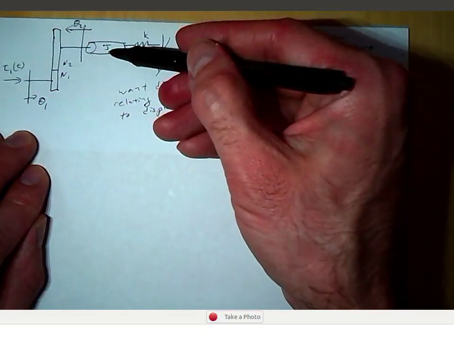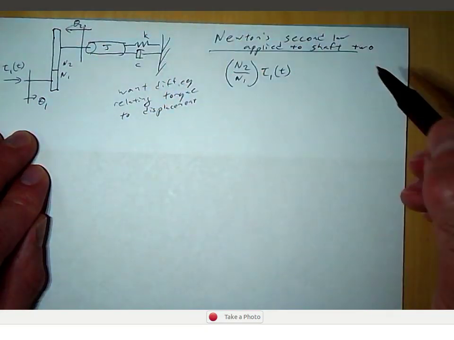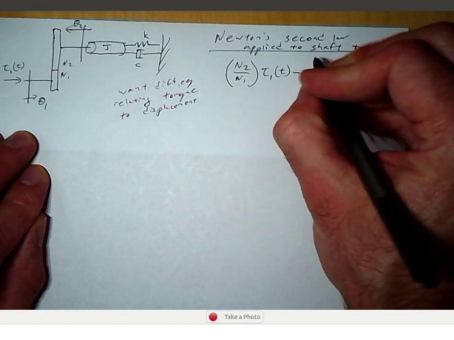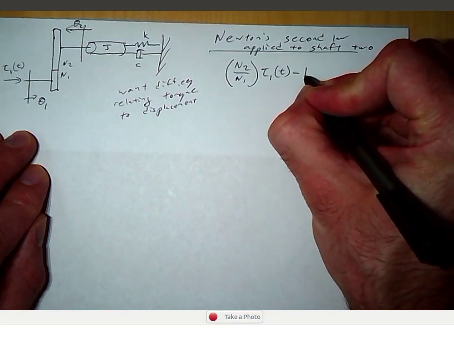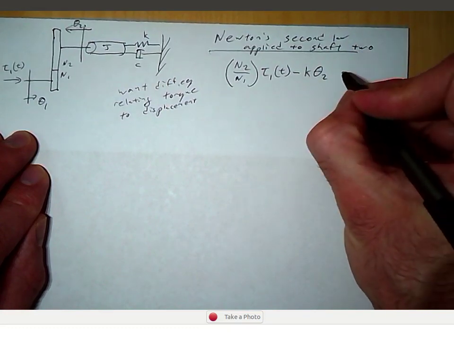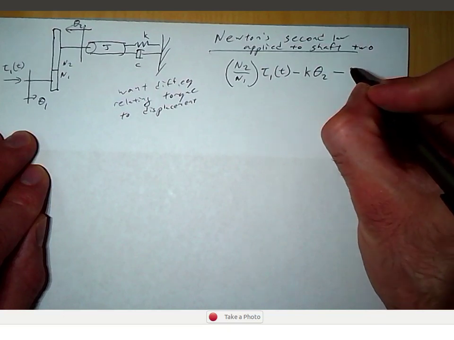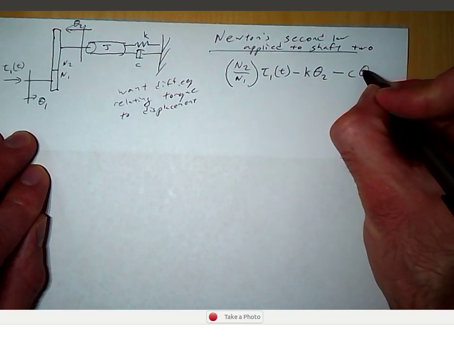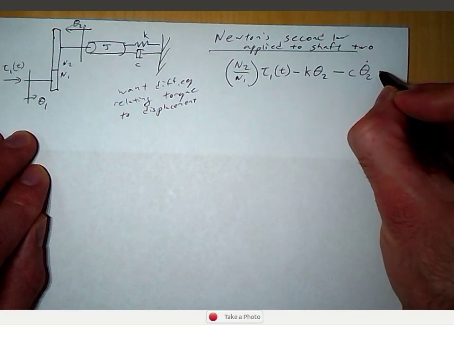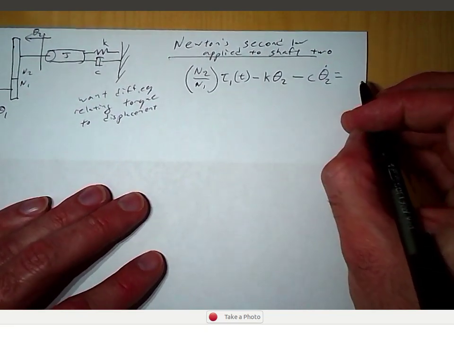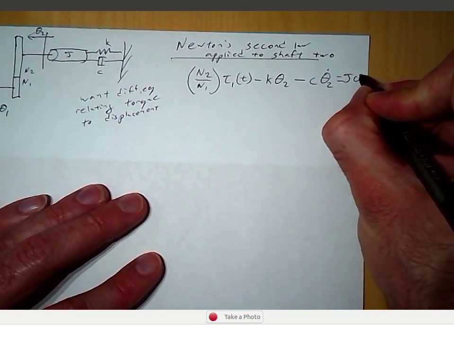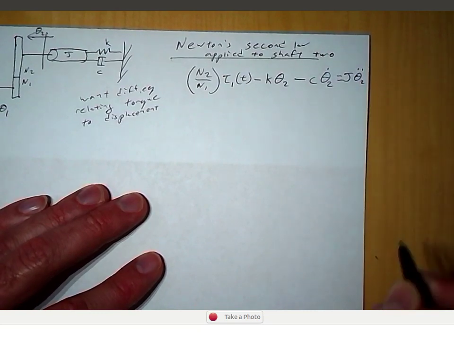Now, if the shaft rotates in the positive direction, then we're going to have a force from the spring, so minus K times theta 2, and we'll also have a force from the damper, C times theta 2 dot. And all those forces are equal to the product of J and theta 2 double dot.